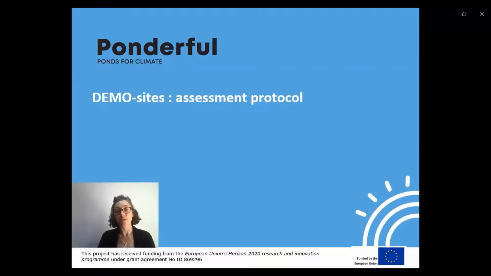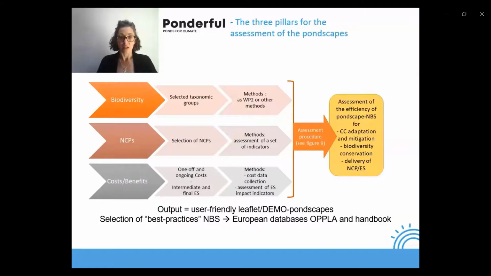So a protocol has been developed to support Pondful participants assessing, for each demo site, the effectiveness of nature-based solutions implemented in their pondscape. The information to be collected will be based on data already available, including from previous studies, if available, and on measurement of metrics this year and next year.